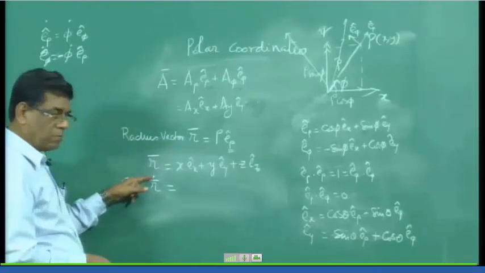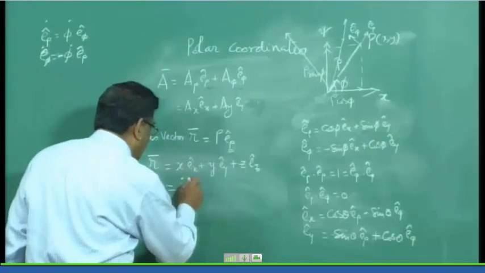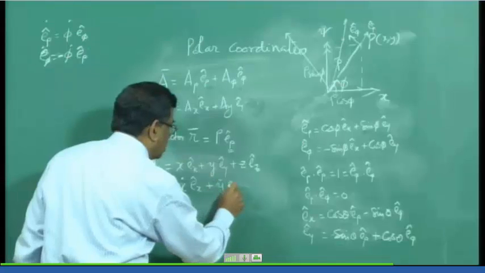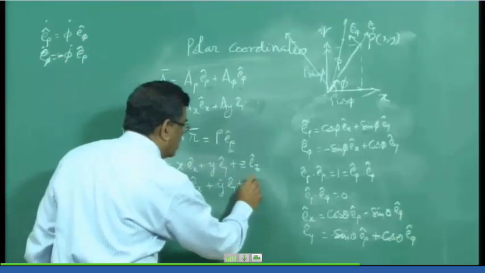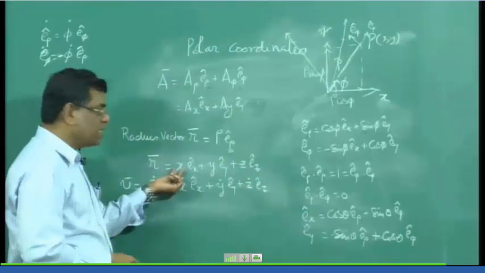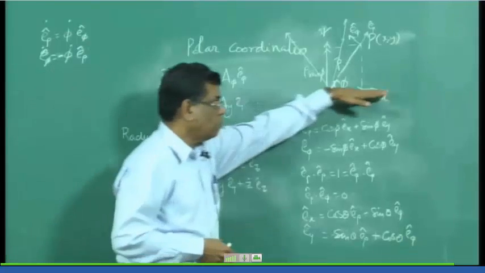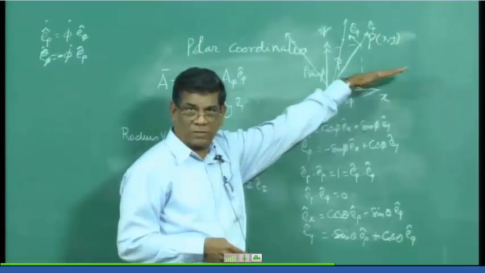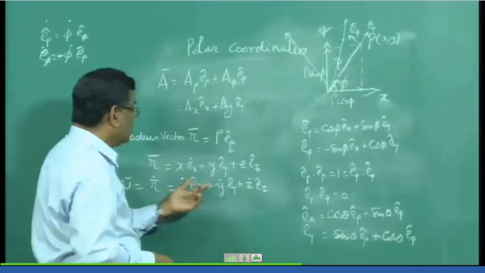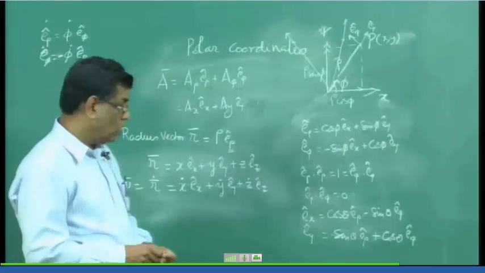That is what it means when I put a dot there. So it is nothing but x dot Ex plus y dot Ey plus z dot Ez. This we know, because only these will change with reference to time. Ex is always in the direction of x, and Ey is always in the direction of y, and therefore Ex and Ey will not change.